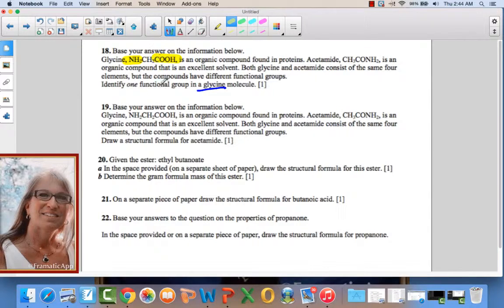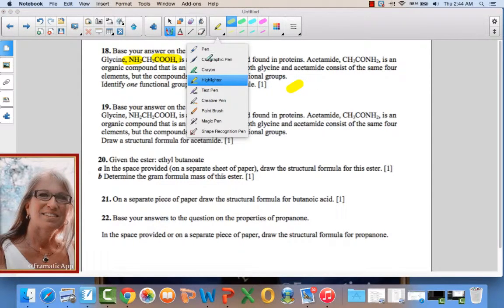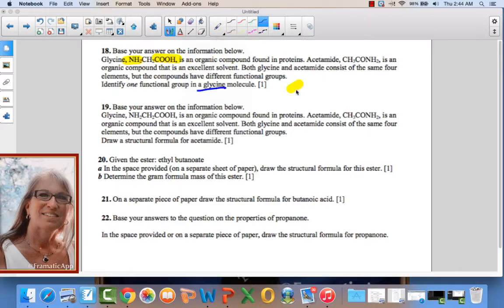So either one of these could be listed. So you could put COOH as an answer or NH2, either one. Okay.